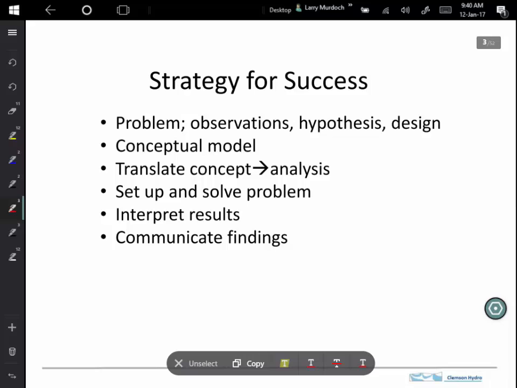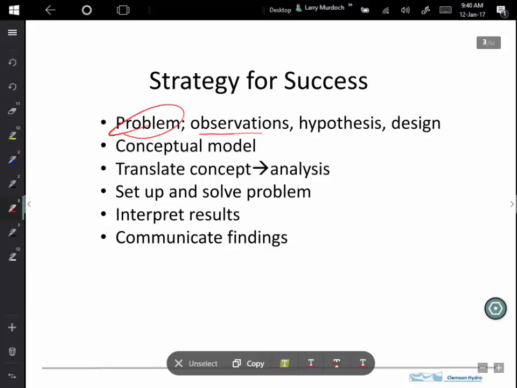Some of you had a class from me in the last semester, and it's quite similar to the approach that we used there. So we start off with some observations, maybe some hypothesis or design. This is a problem that you want to solve, and it has a lot of details, and maybe it's fairly complicated.